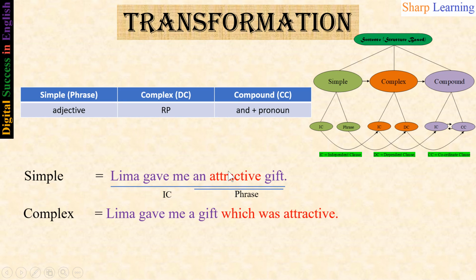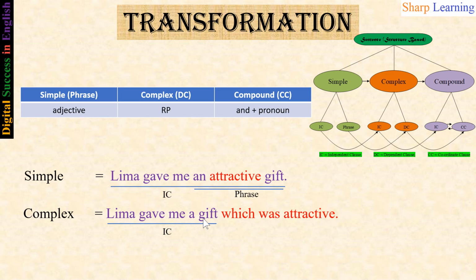But we will not use attractive in the IC in the complex sentence. See here, it is an IC. Lima gave me a gift, because before gift we have to use a, because gift, spelling G, is not a vowel, it is a consonant.